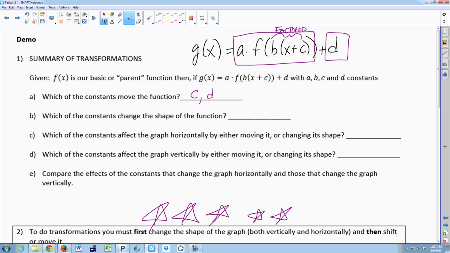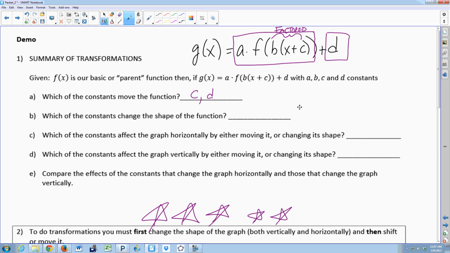Horizontal happens inside, right? Pre-operation. Here's my operation, F, that's my function. I'm inside my innermost parentheses. C is going to tell me if I move it right or left, depending on whether it's a positive C or a negative C. Now, someone other than Fabian, since he answered A, which of the constants change the shape of the function?